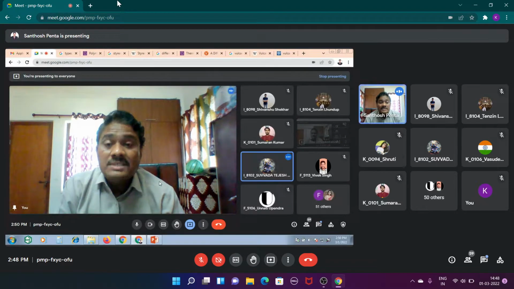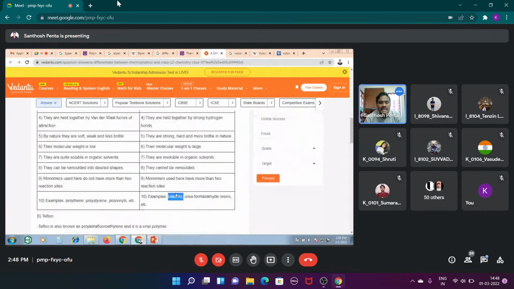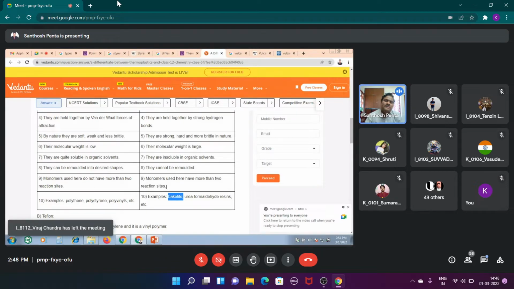Reactive sites, it is having more than 2 reactive sites. See, the monomer used here has more than 2 reactive sites. That means more number of functional groups are there. So as more number of functional groups means that functional group itself is acting as a reactive site, but that is only your doubt.